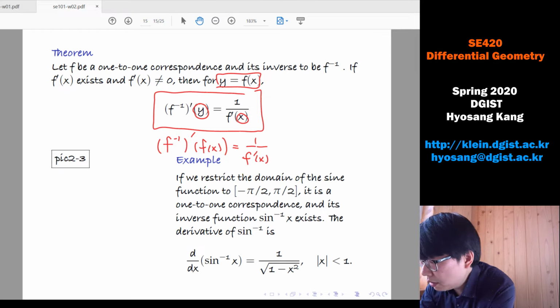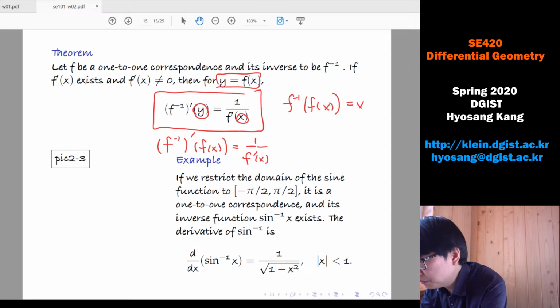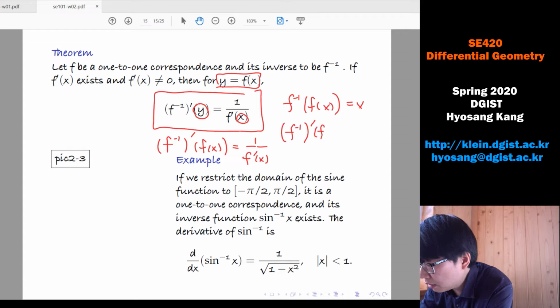So think about f inverse of f(x) equals x. If you take a derivative on the left and right hand sides, first, this is a composite of two functions, the f inverse function and the f function. So you take the derivative of the outside function, which is f inverse, evaluated at the inside function, and then you take the derivative of the inside function, f prime of x.